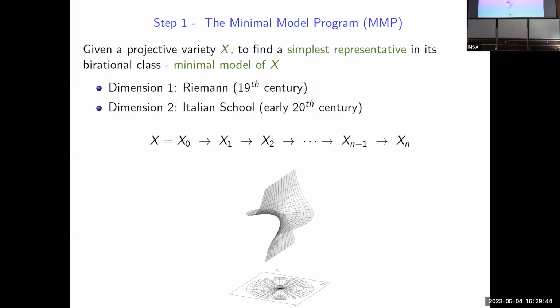What was already known to the Italians is that if you start with any smooth projective complex surface, after a finite sequence of blow downs, you get to a minimal model. This is a surface that does not admit any non-trivial blow down. So the minimal model program for surfaces is just taking a sequence of blow-ups or blow downs.